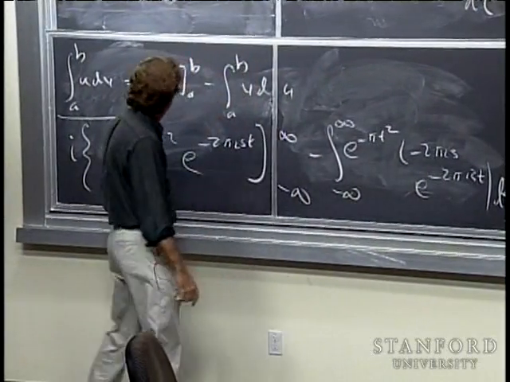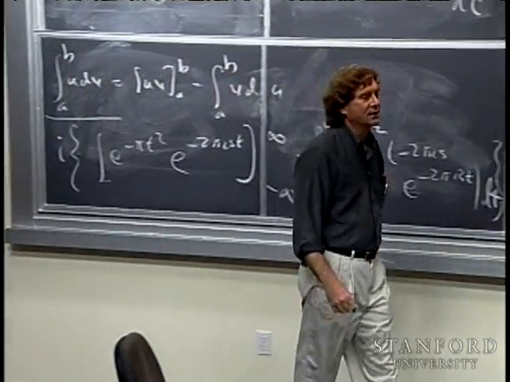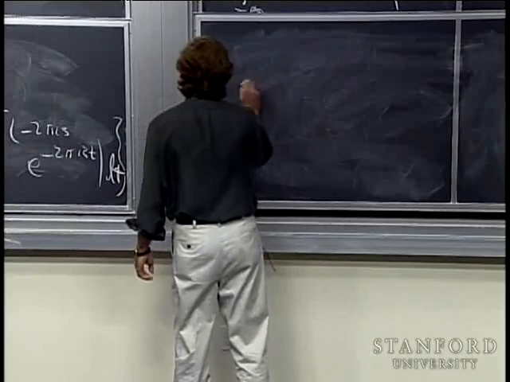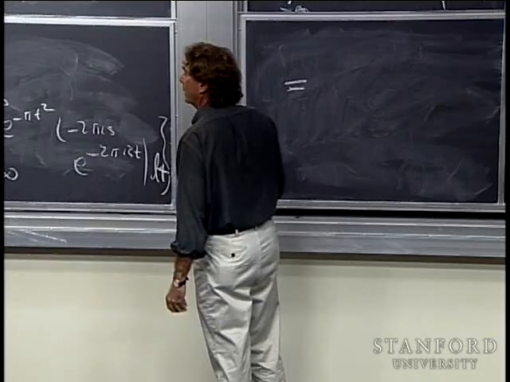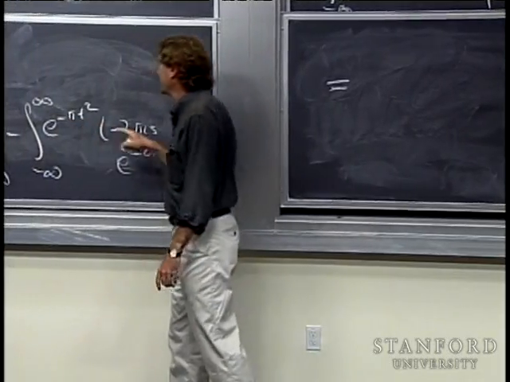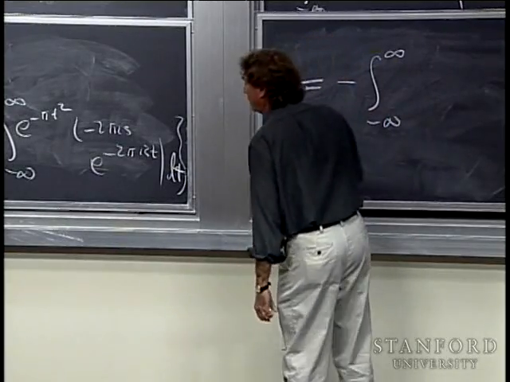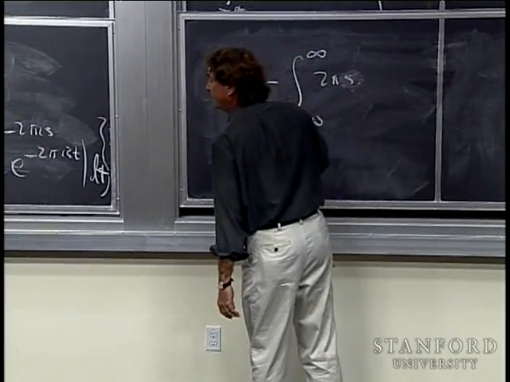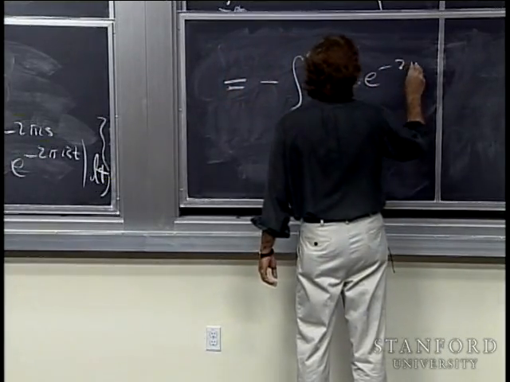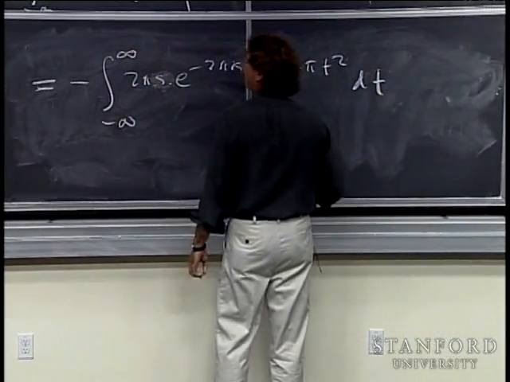What remains is minus 2 pi s, a minus sign here, and then there's an i in front. So if I got all that right, it's going to be an i times an i, and an i times an i is a minus 1. So there's a minus, and then an i times an i gives you an extra minus 1. It's going to be minus the integral from minus infinity to infinity of 2 pi s times e to the minus 2 pi i st e to the minus pi t squared dt.